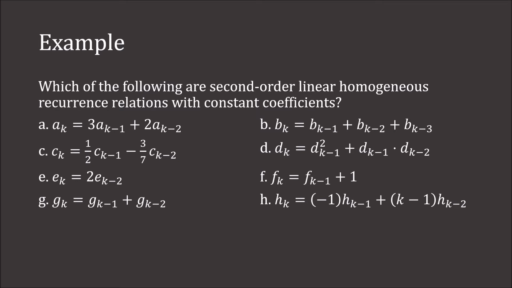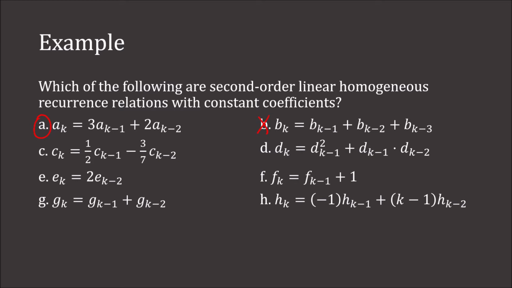It's linear in that they appear as separate terms, and they have constant coefficients. So A is a second order linear homogeneous with constant coefficients. All right, we look at B. Well, B is not second order. It's third order. So that's out immediately.